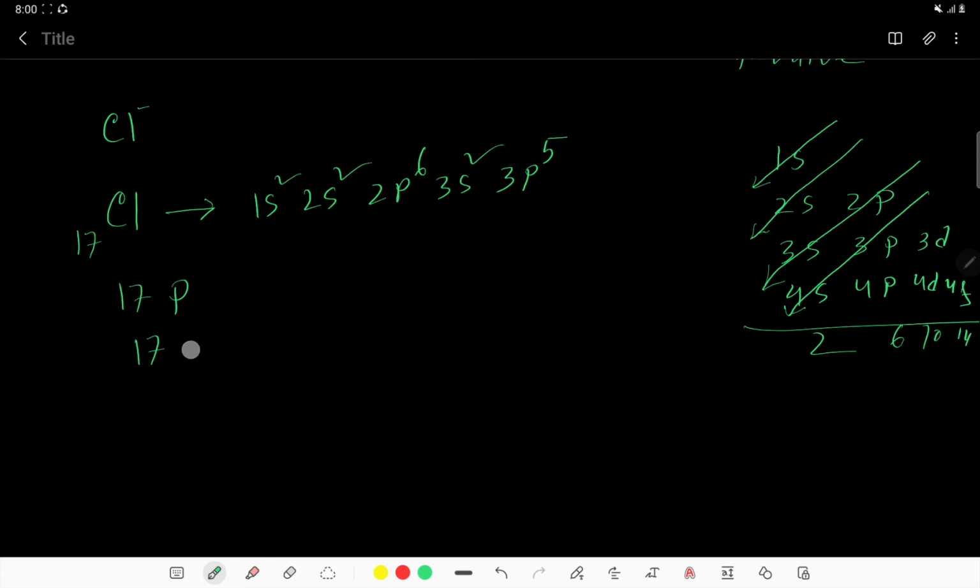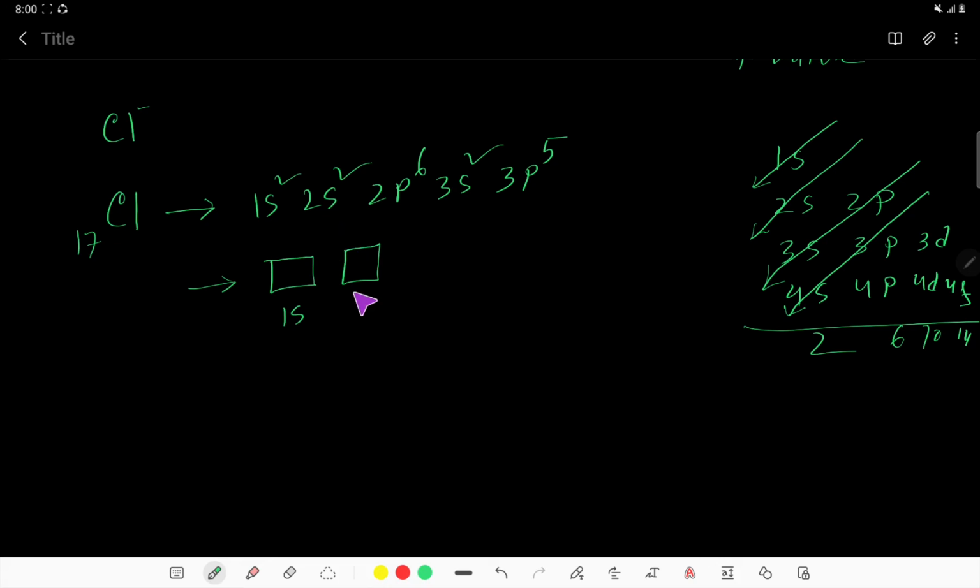So how can you express this electron configuration in the second way, that is orbital diagrams, right? So you know that in orbital diagrams, the s subshell has one orbital, so we'll use one box.